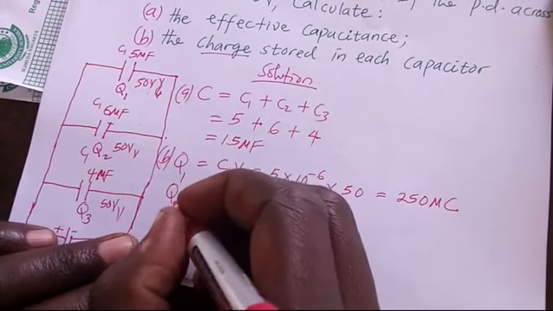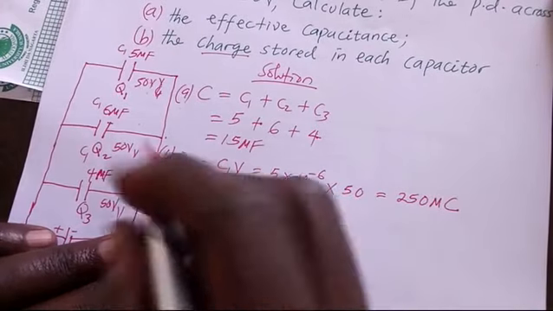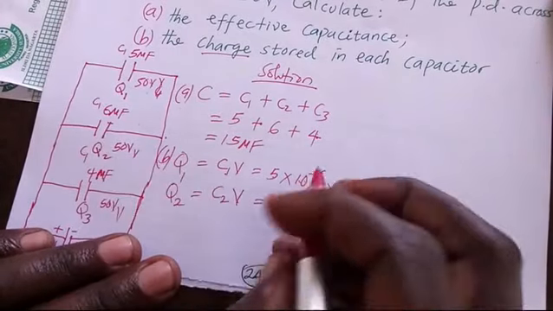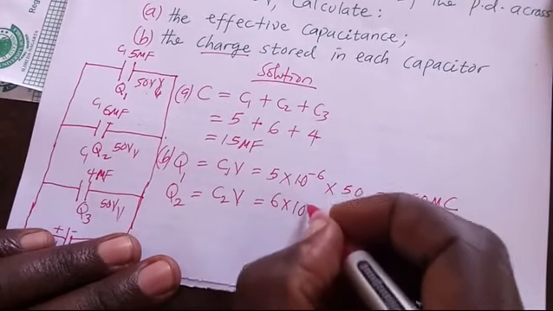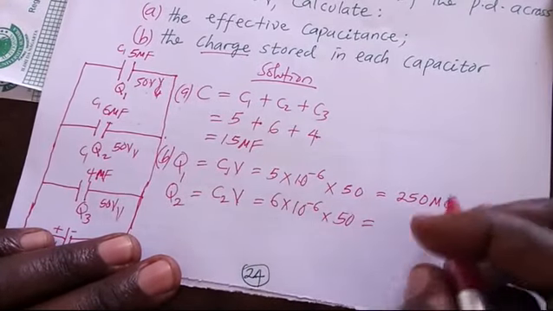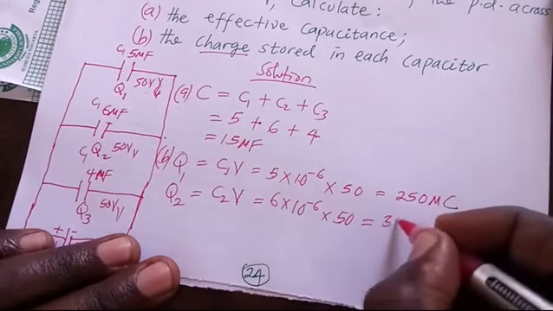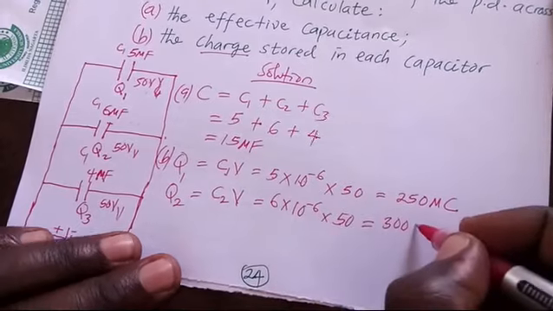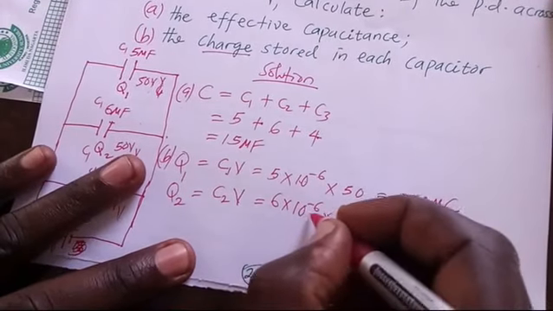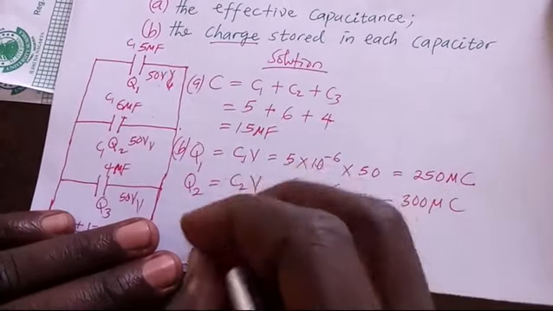For the second one, Q2 is equal to C2 V, and for C2, this is 6. So 6 times 10 to the power of minus 6 times again 50, since it is the same for all of them. 6 times 5, 30, so this is 300 microcoulomb, the unit of charge.